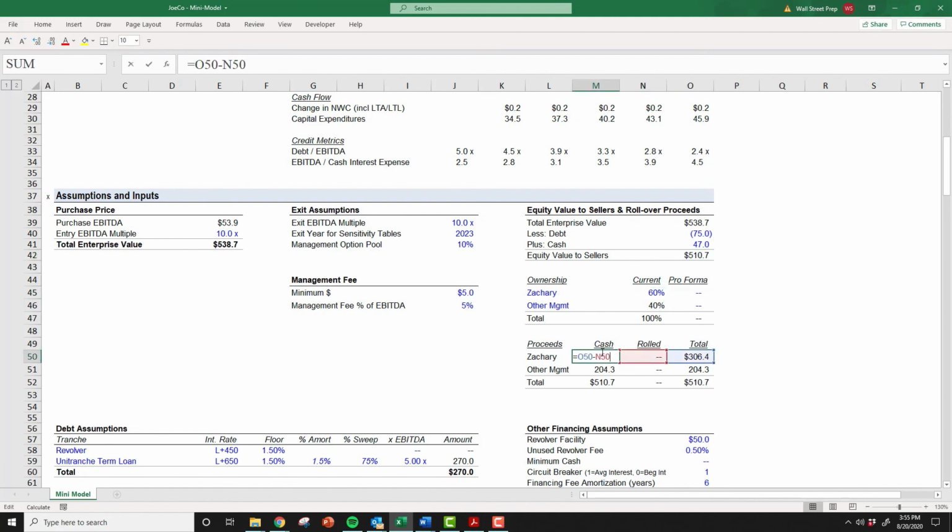So again, this is when we're trying to figure out how much everybody gets. So how much do the existing sellers get? It's a function of the equity value to them, not how much we pay for the business, because they also have this pre-existing stuff that really has nothing to do with us. So they got 300 million and 200 million for the other management. And so obviously this matches. We're going to have to deal with the rollover in a little bit. Let's put a pin in that for a second.